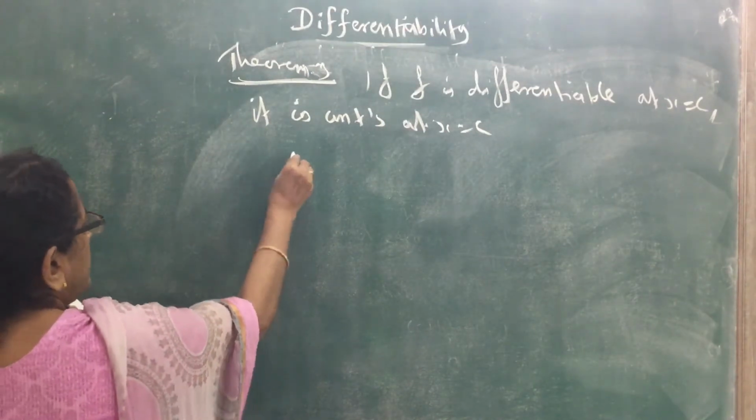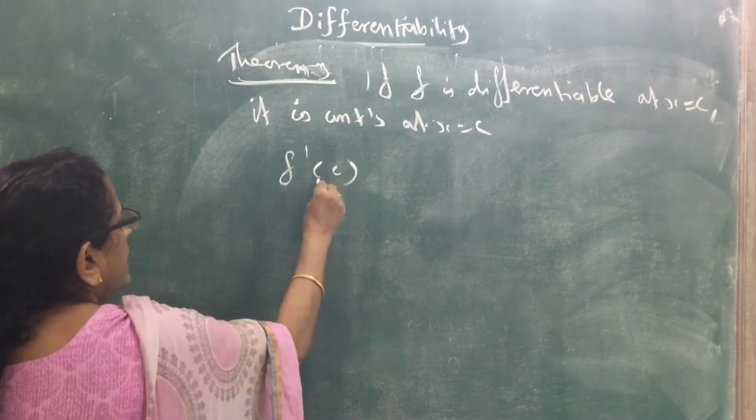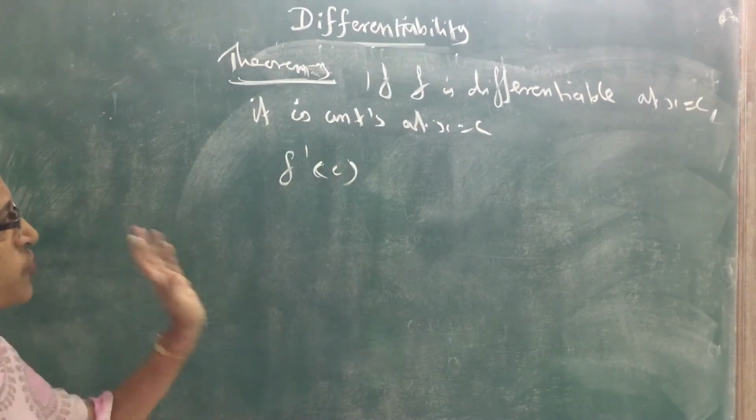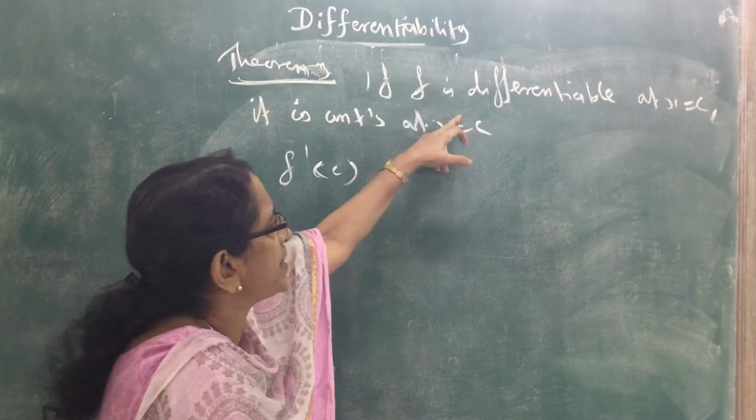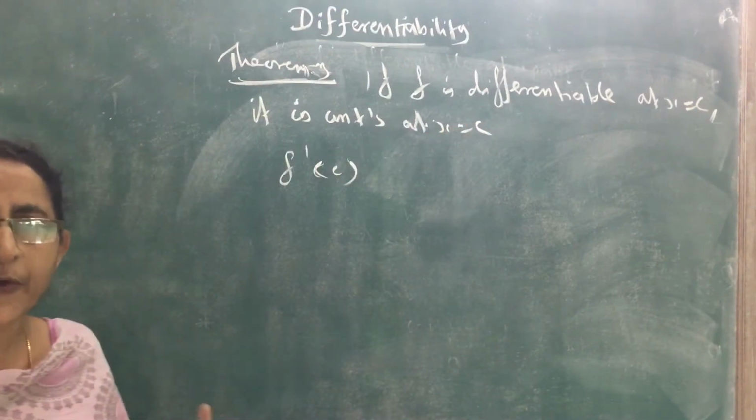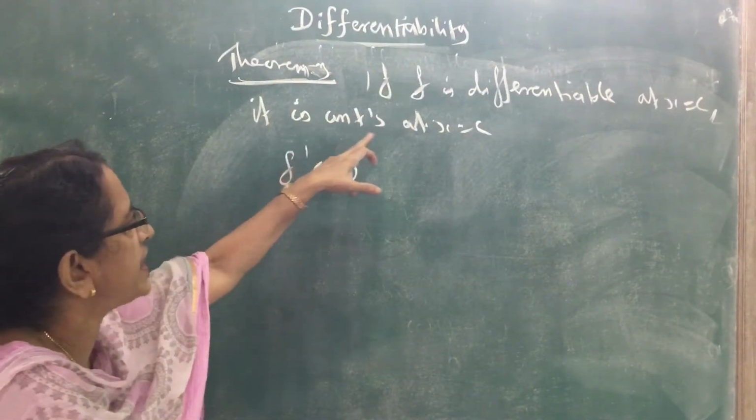So we assume that the function f is differentiable at x equal to c. Then we have to prove that f is continuous at x equal to c.